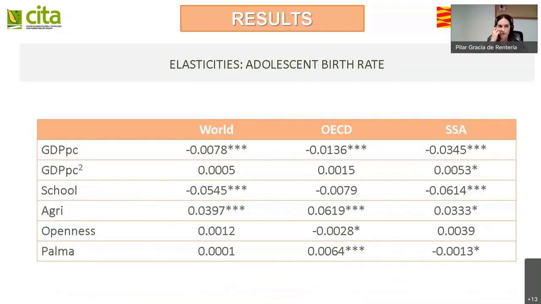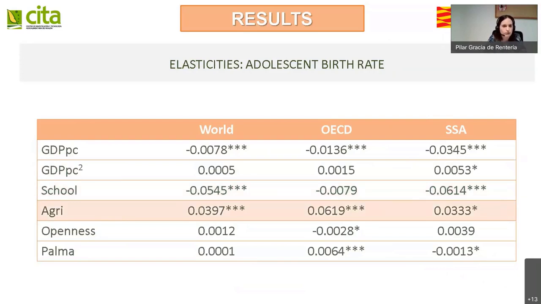Here we have the results for the adolescent birth rate, and the main driver is education with an elasticity of minus 0.05. However, you can see that the results by region show that for the OECD countries, the effect is not statistically significant.